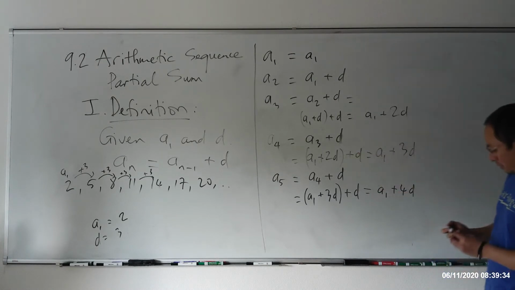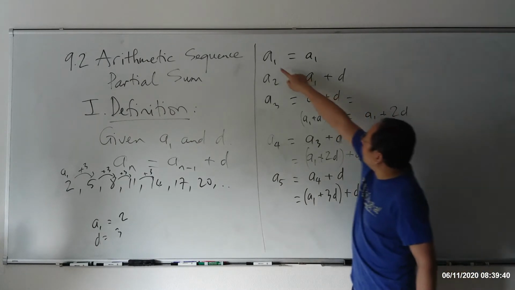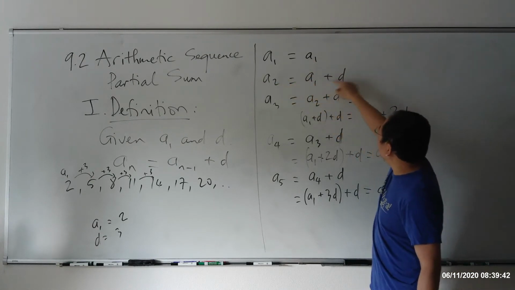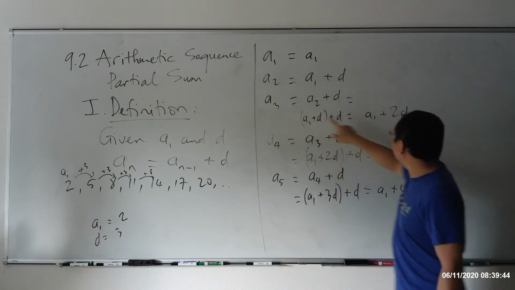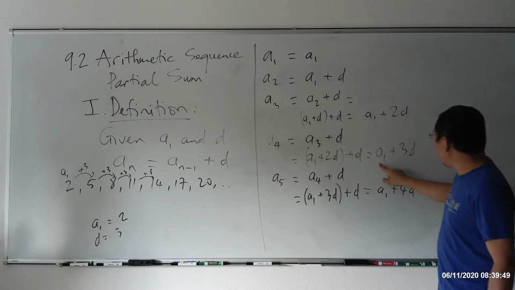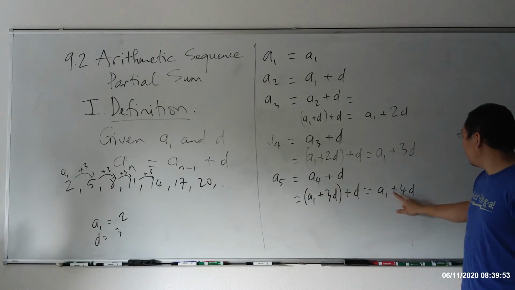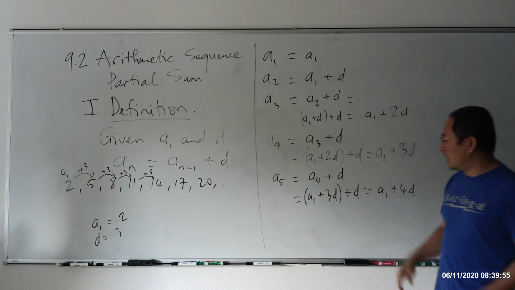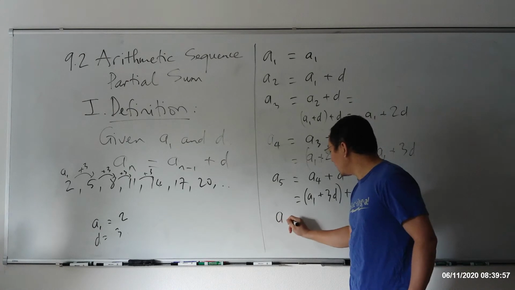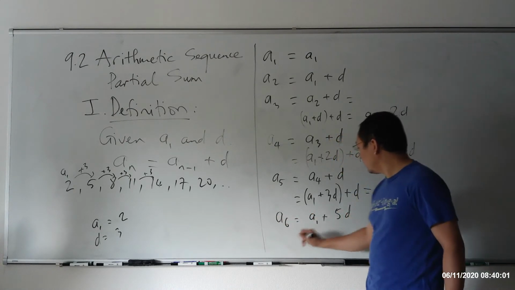Now, with the first couple of terms, we try to figure out the pattern. A1 is just A1. A2 is A1 plus 1D. A3 is A1 plus 2D. A4 is A1 plus 3D. And A5 is A1 plus 4D. Repeating the same way, you can see that A6 is going to be A1 plus 5D.